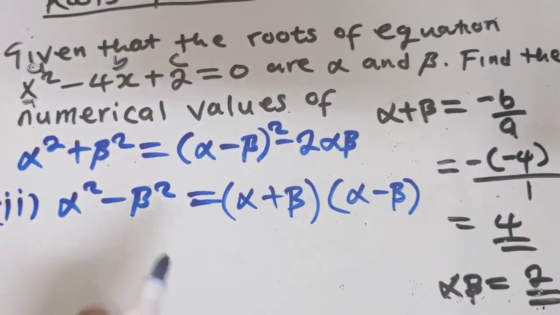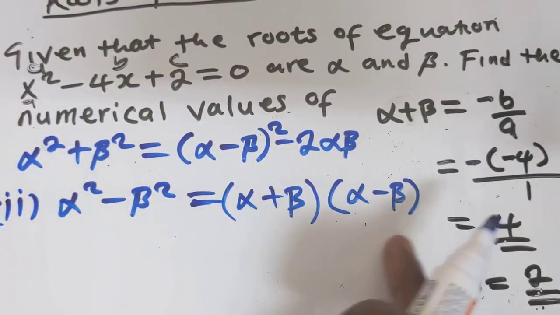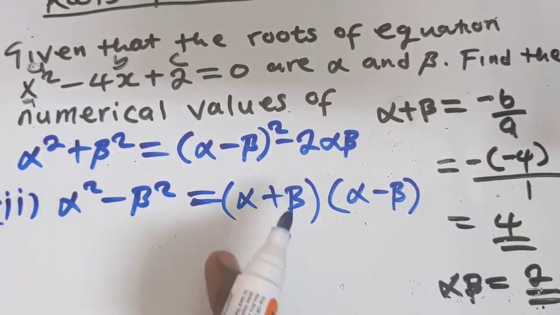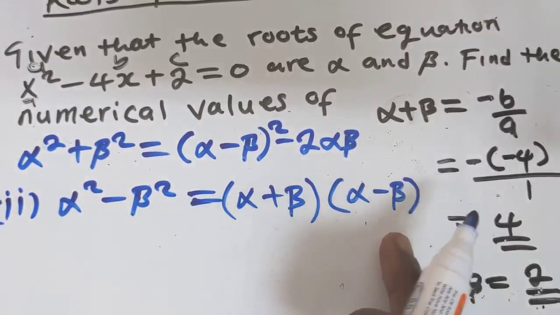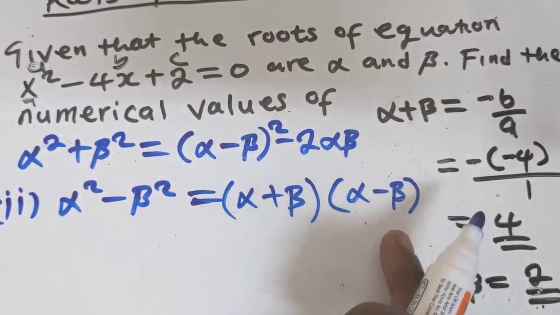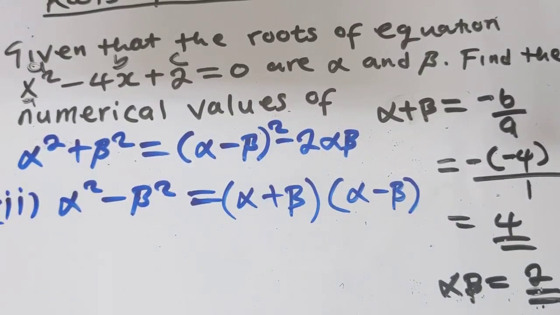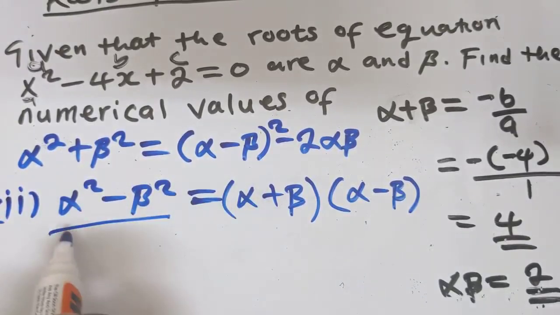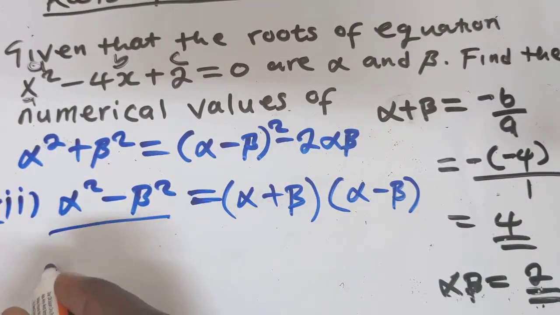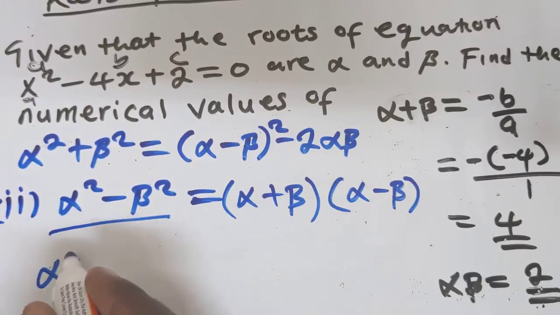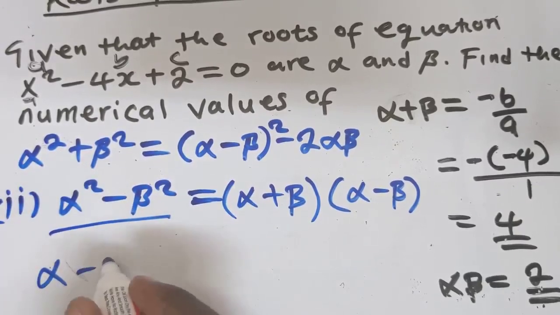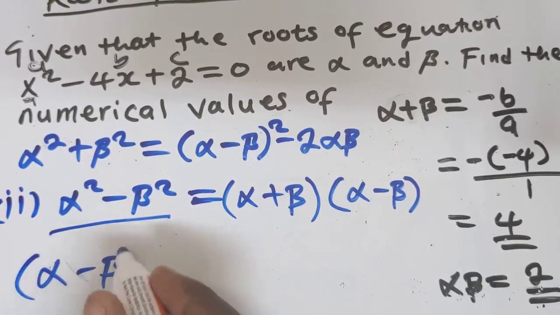Okay, it means that when you write it in terms of the difference of two squares, it is like this. There is a positive and a negative like that. Okay, so you know that just this part can also be written as alpha minus beta to the power 2.